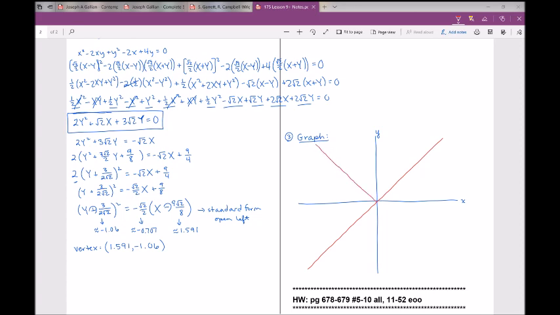So the y-axis gets rotated 45 degrees and the x-axis gets rotated 45 degrees. Okay? So this line here is going to be big X, and this line here is going to be big Y. Okay? And the angle between the old axis and the new axis is going to be 45 degrees, or pi over 4. Okay? So hopefully that kind of makes sense.